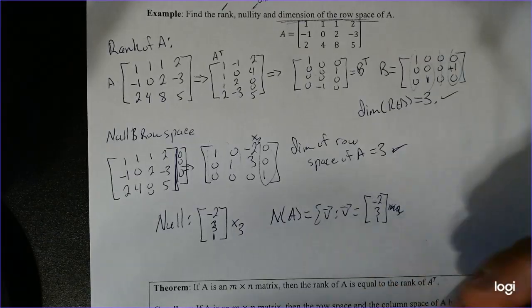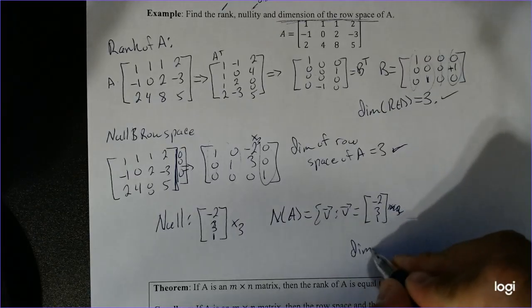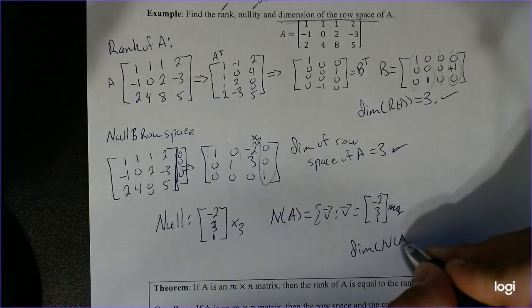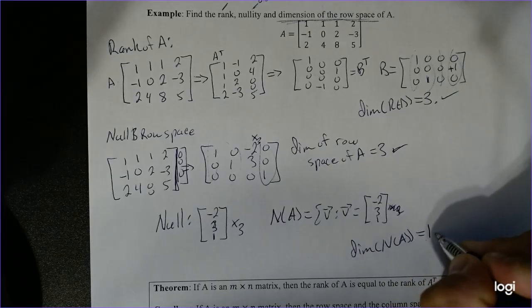So this is only one vector, so the dimension of the null space, the nullity, equals 1.